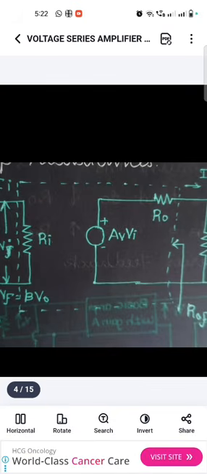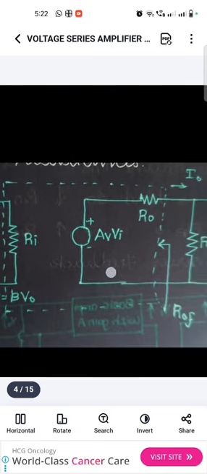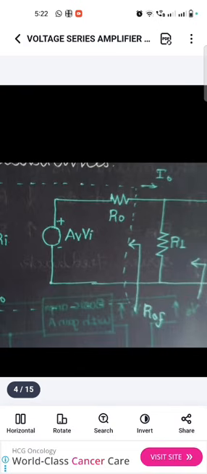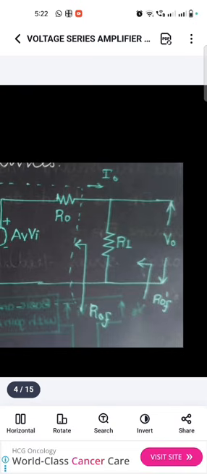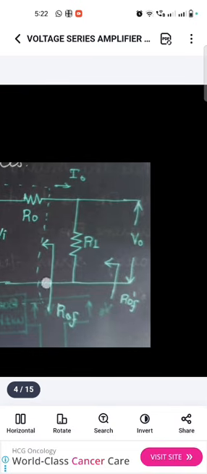Okay, so Av into Vi, how this value comes, that we will see in the next step. Okay, if you find the transfer gain or transfer ratio, we will find the value V0. Okay, then we are connecting the voltage source, that's why the resistor will be connected in series. Okay, then finally the load resistor, we can observe this is the output voltage.